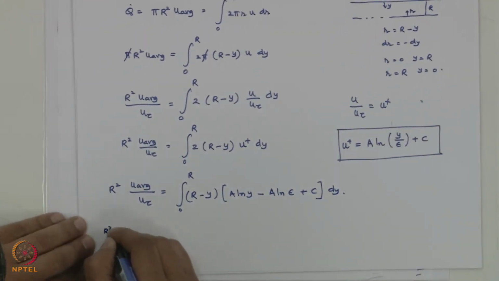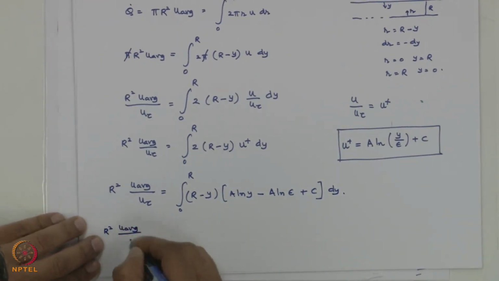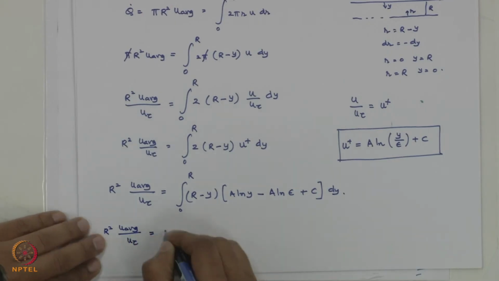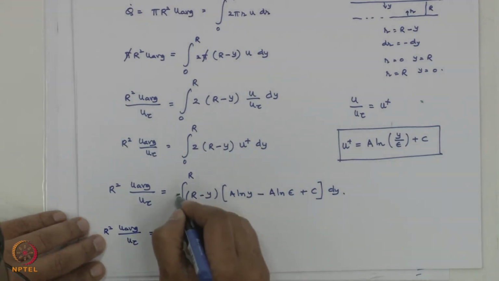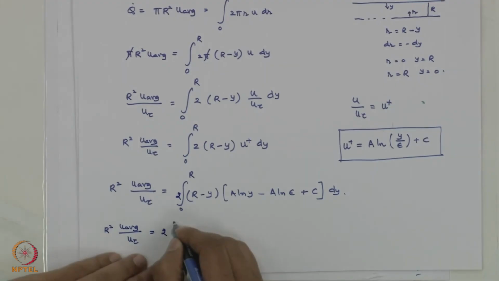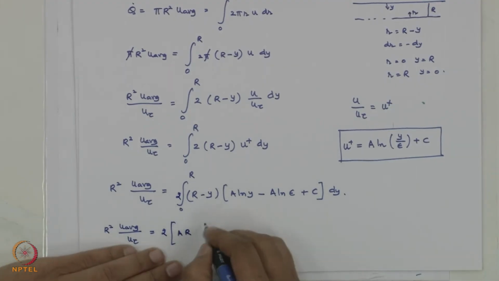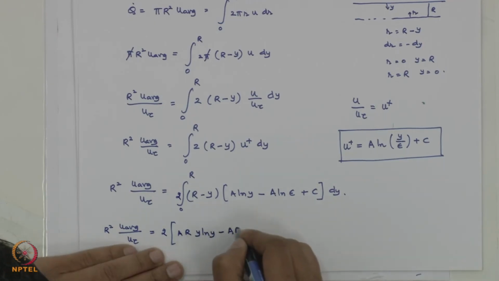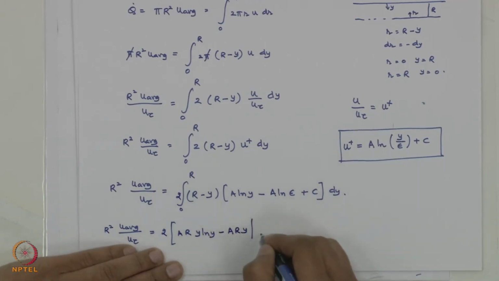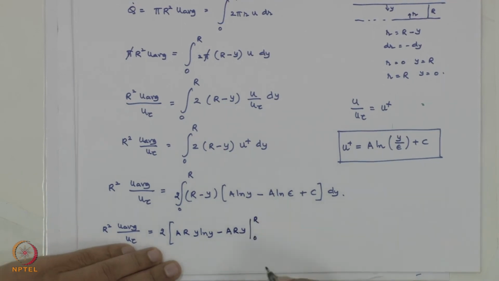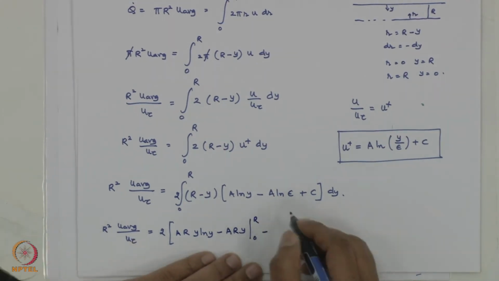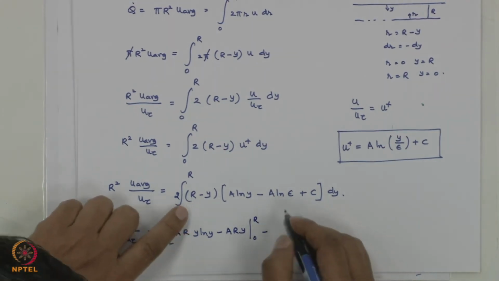So you get R squared u average by u tau is equal to 2, I have missed out here, sorry, 2 into first term a R y log y minus of a R y within the limits 0 to R, minus of this one.